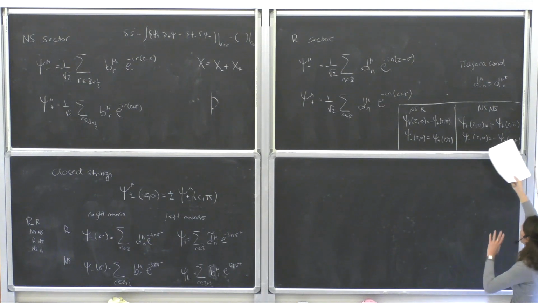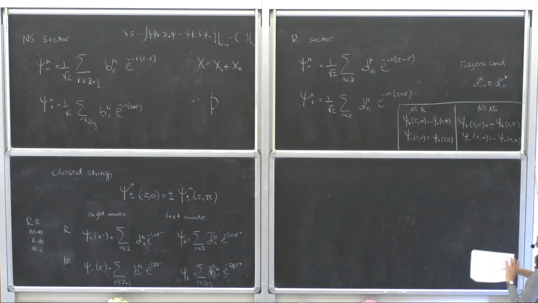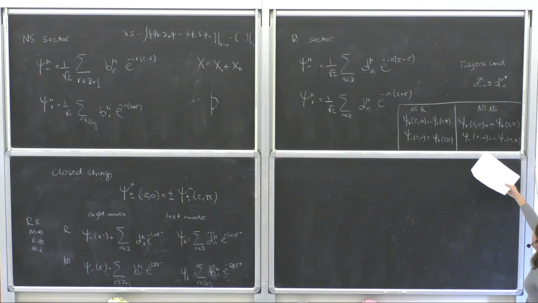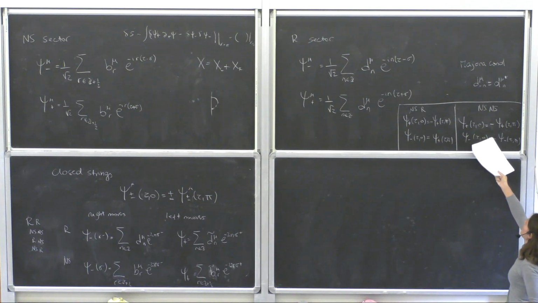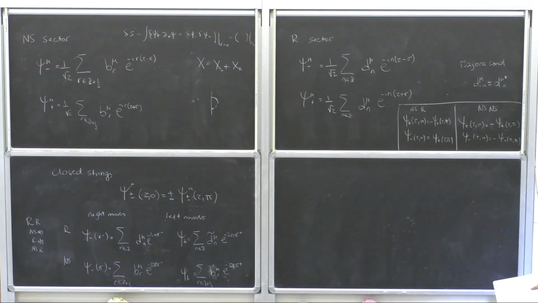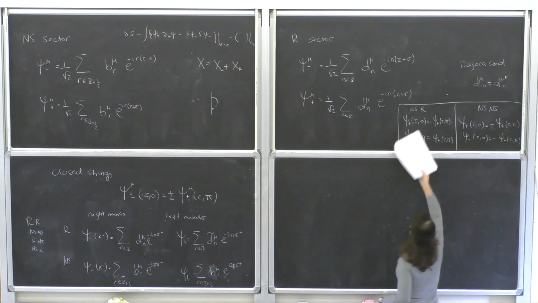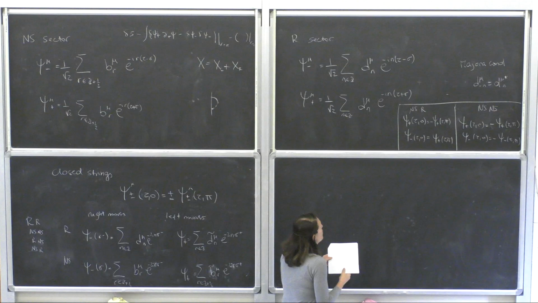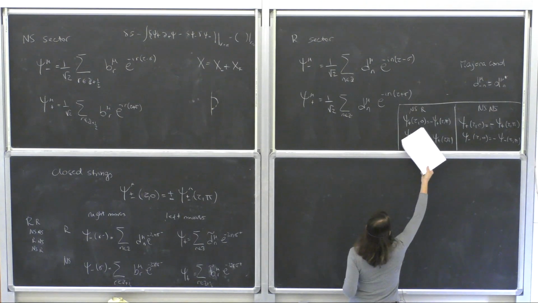So that's always the case in the closed strings. The boundary conditions don't mix plus and minus. And NS means that you're choosing a minus sign in both.